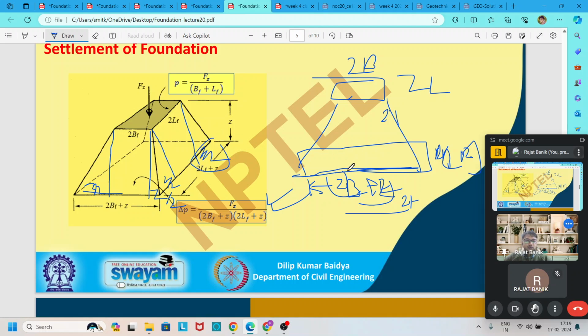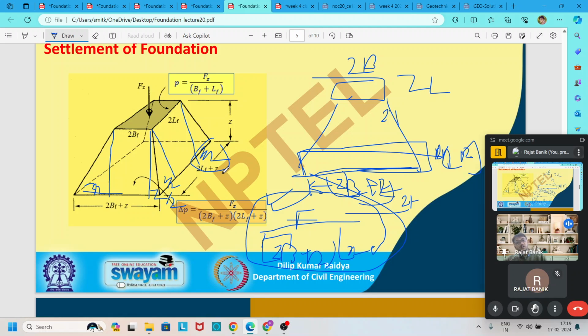So the pressure at a depth of Z will become, we know that pressure is force by area. At that depth, the distribution area is modified. It becomes (2B plus Z) into (2L plus Z). By this formula also, we find out our change in pressure due to the construction of the foundation.